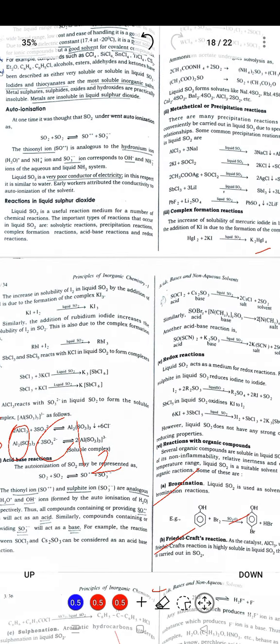Here pay attention to the examples of reactions, especially the redox reaction and bromination, which you have already learned in your previous classes. Then you should be aware of the autoionization of liquid sulfur dioxide. So what are the major characteristics? It is non-protic, and as a non-aqueous solvent it's not preferable for ionic compounds because of the low dielectric constant.